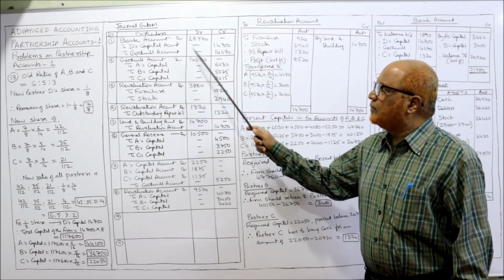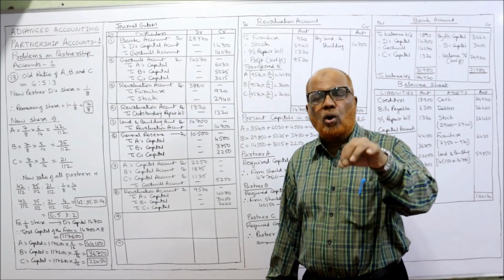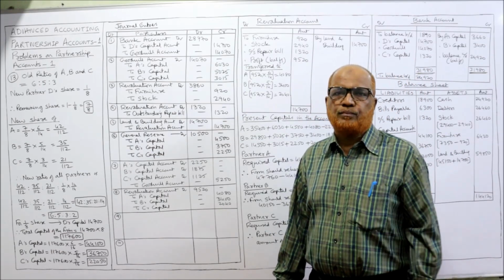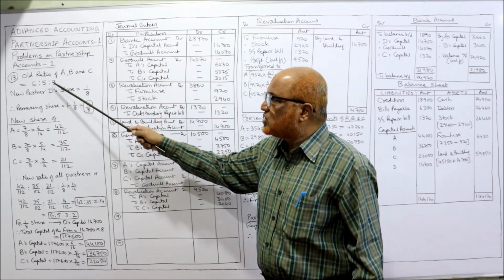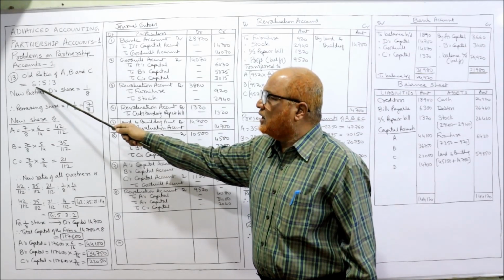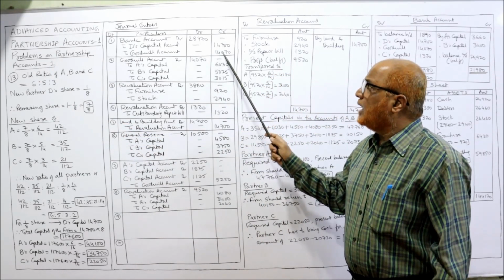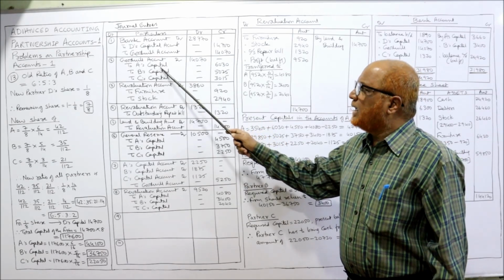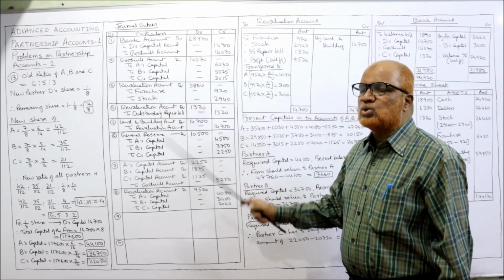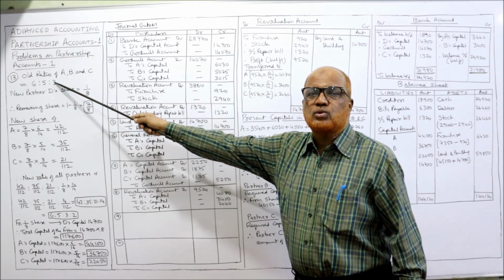Now this goodwill 14,070 will be shared by the old partners in the old ratio. What is the old ratio? 6:5:3. 6 by 14, 5 by 14, 3 by 14. Now, goodwill account debit 14,070, to A's capital, to B's capital, to C's capital, in the old ratio 6:5:3.